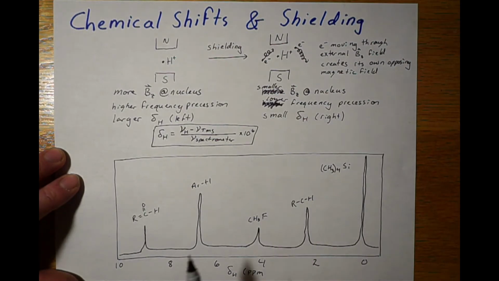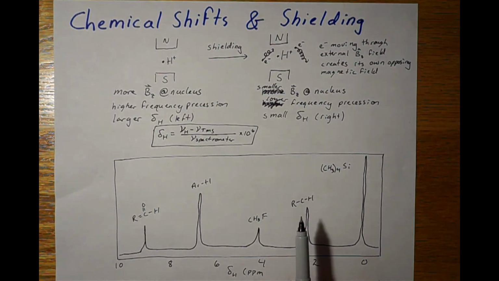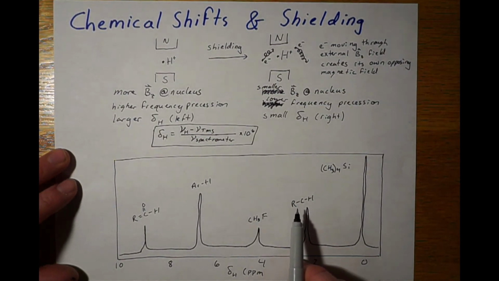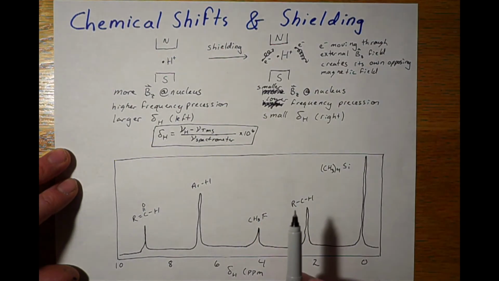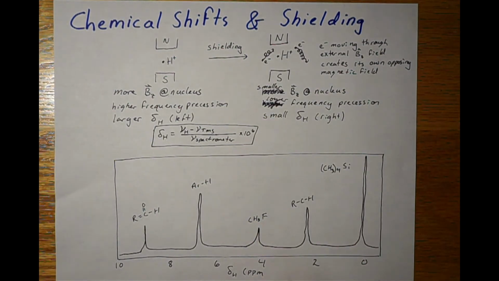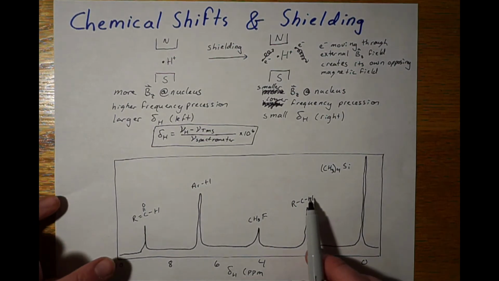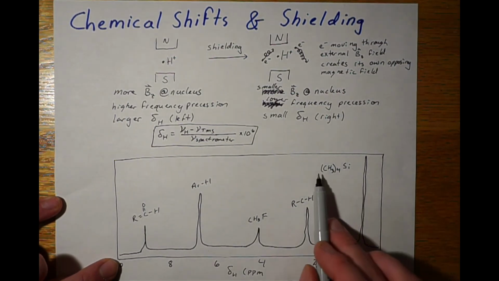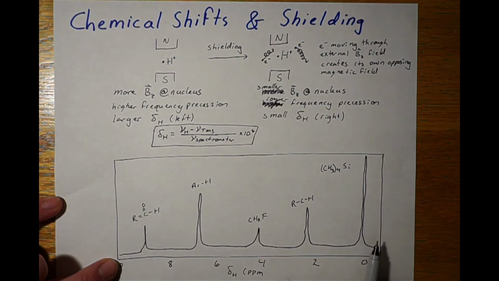Something like an alkane will have a lot of electrons around that are shielding this proton, and will show up fairly close to the TMS in our spectrum.